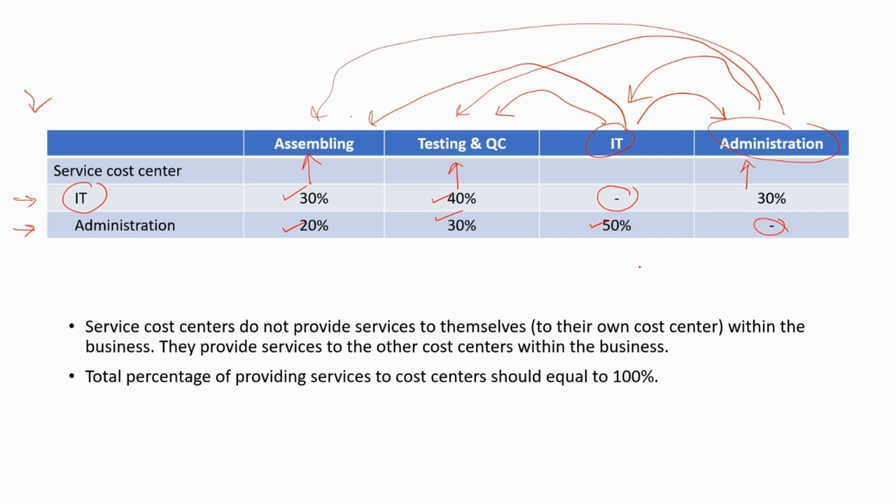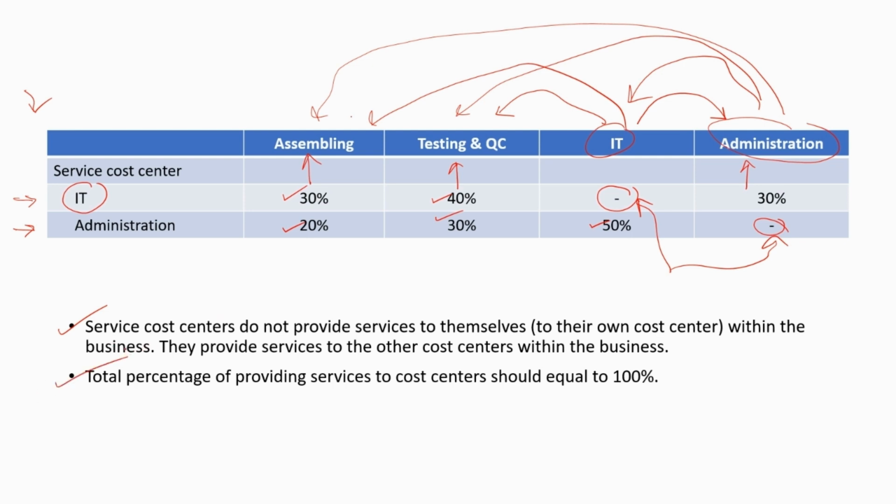But they do not provide services to themselves, which are these instances. Service cost centers do not provide services to themselves, which means to their own cost center within the business. They provide services to the other cost centers within the business, including other service cost centers.